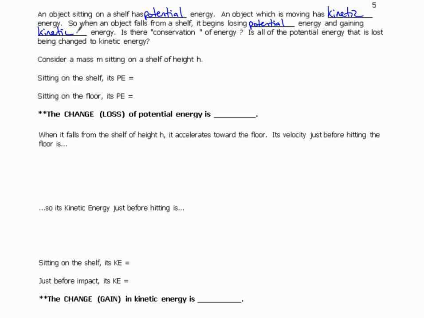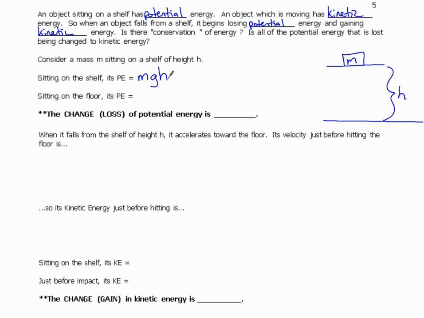So consider a mass m sitting on a shelf of height h. So here's the ground, here's the shelf, here's mass m, and this is the height above the floor, h. So sitting on the shelf, the potential energy of this box is its mass times the acceleration of gravity times its height.